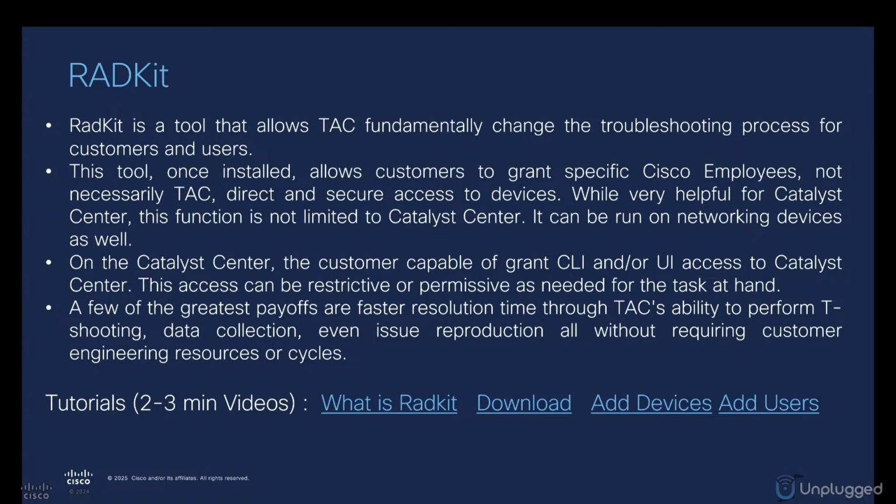As those of you who work on DNA Center or Catalyst Center know, without the UI you're very limited in what you can troubleshoot, what you can reproduce, and what you can view. So if you wish to take full advantage of RadKit, please look to upgrade to 2.3.7 code. I believe 2.3.7.9 is out or should be out very soon.